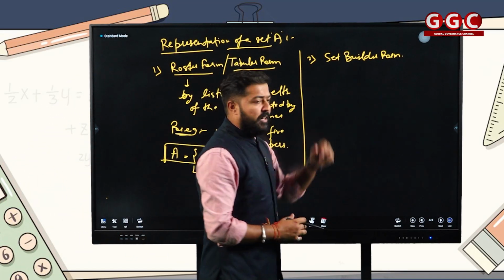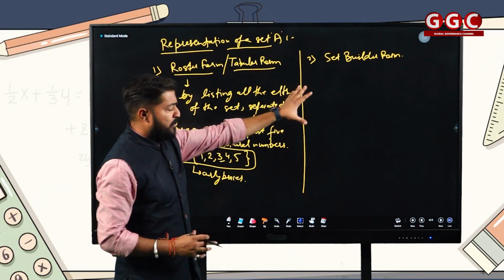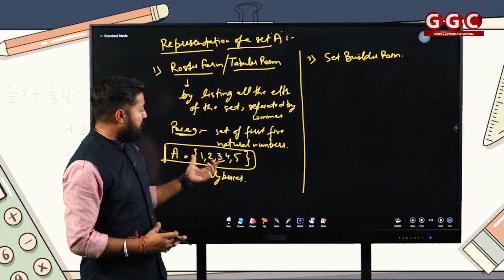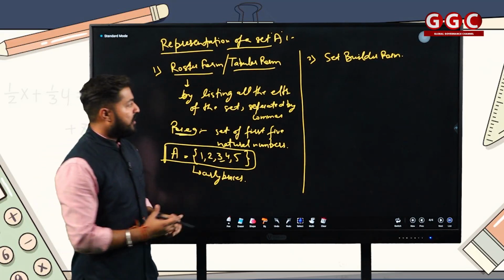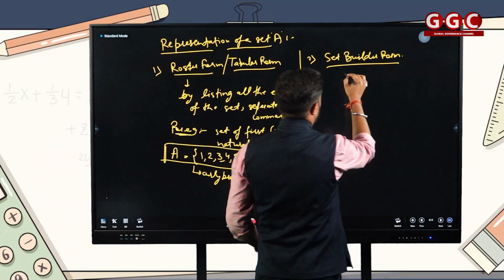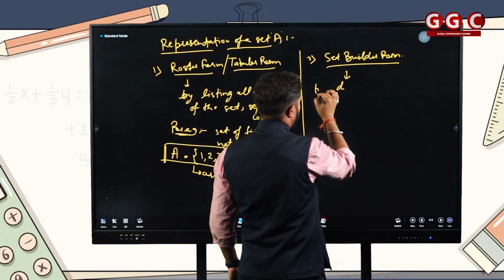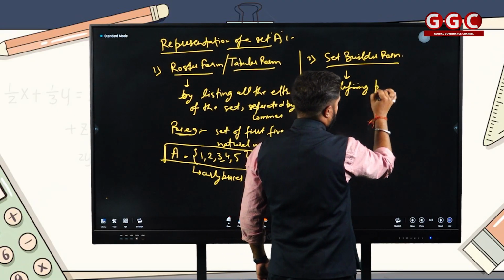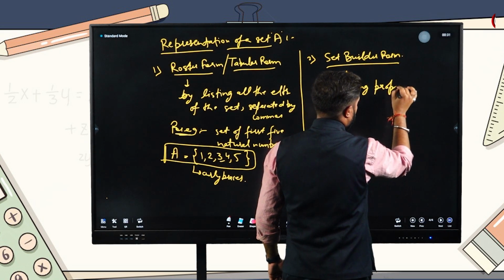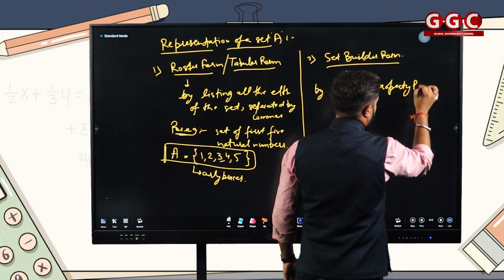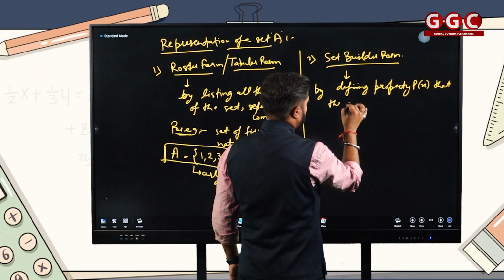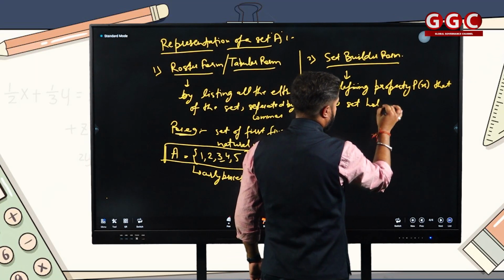Similarly, for set builder form, we represent the set by listing the property by which the set is defined. That is, by defining the property P(x) that the set holds.